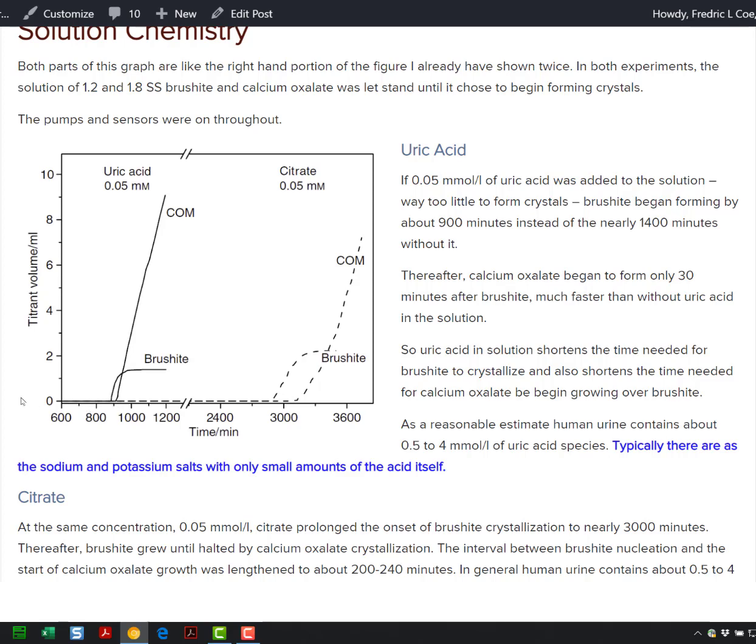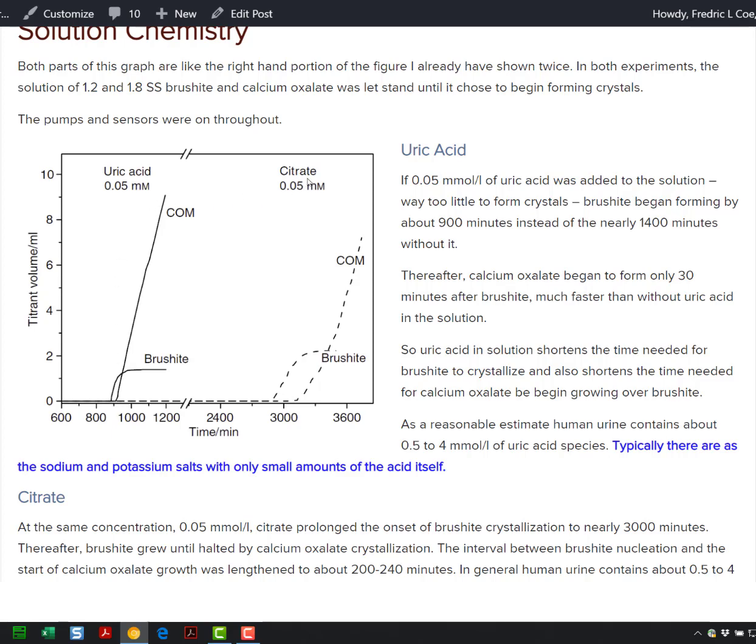The same solution, supersaturated 1.2 for brushite, 1.8 for calcium oxalate. They let it sit. Instead of 1,400 minutes, brushite's nucleating at about 900. That's a lot faster. Instead of 200 minutes to get to the calcium oxalate, it's more like 30 or 40. So it accelerates the whole brushite calcium oxalate story.